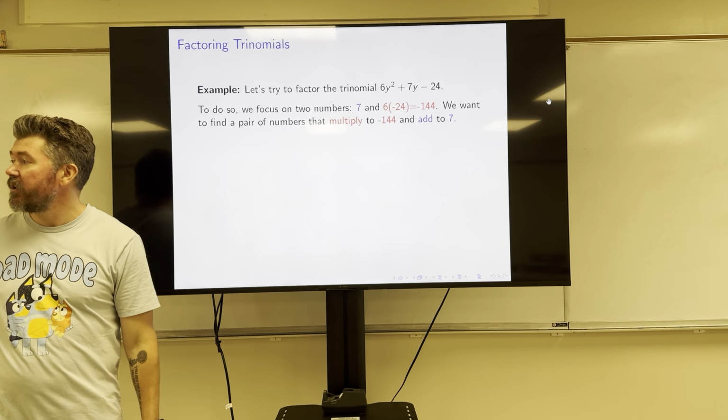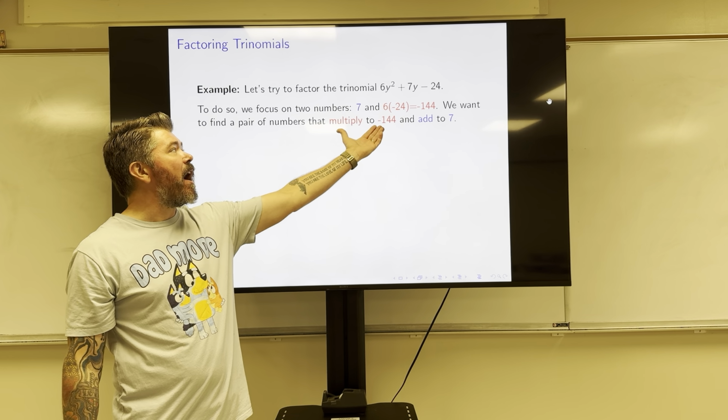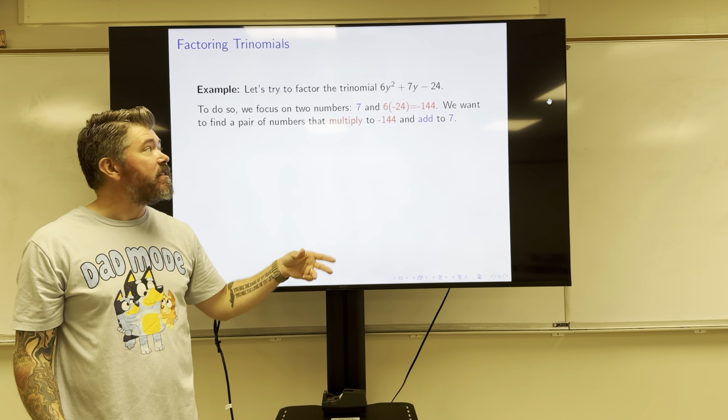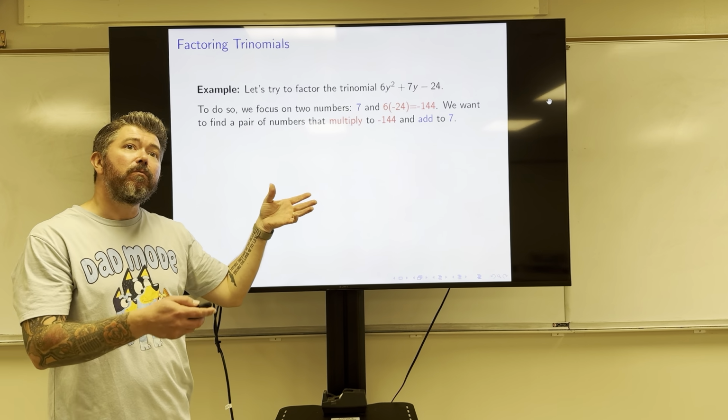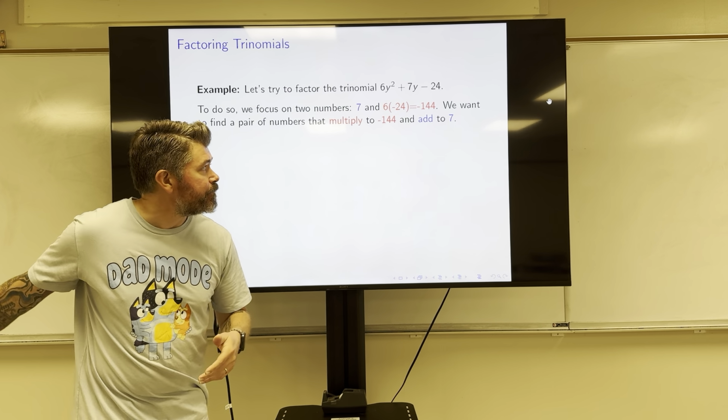Okay, this one's going to be a little more tricky because now I have to find all of the factors of 144. And then to get a negative, I have to remember that one of the factors has to be negative.